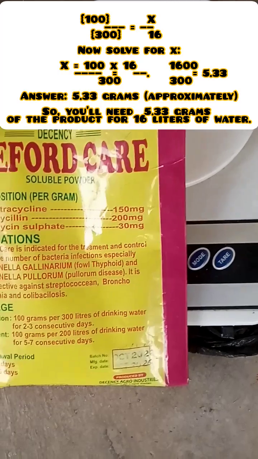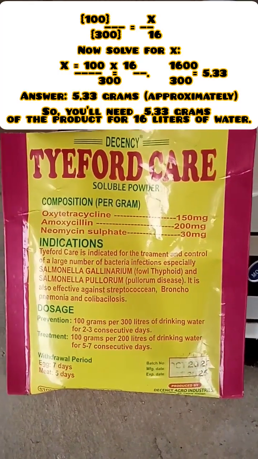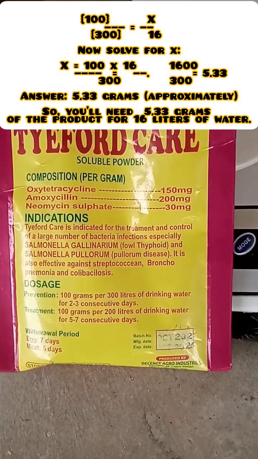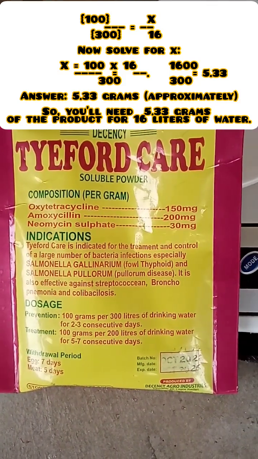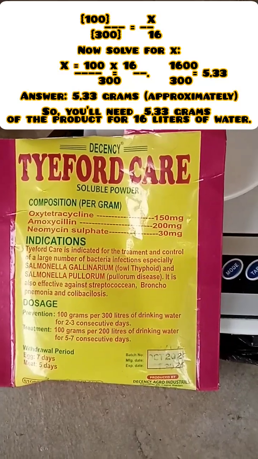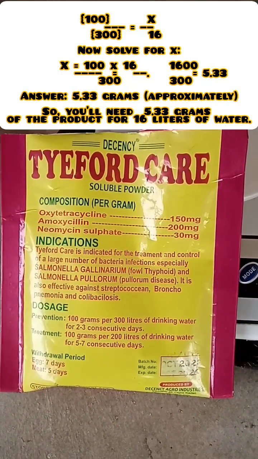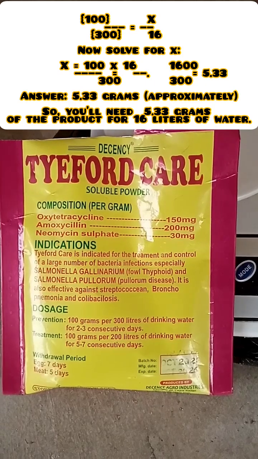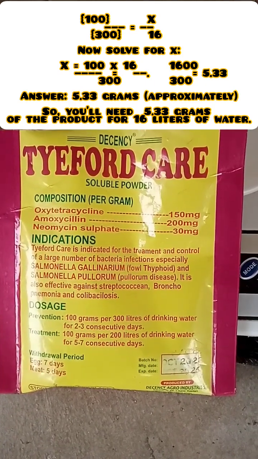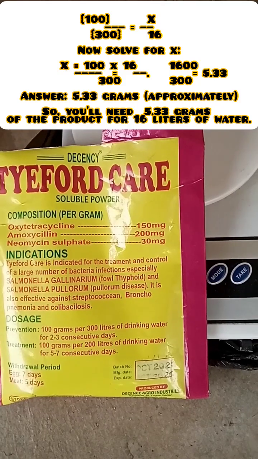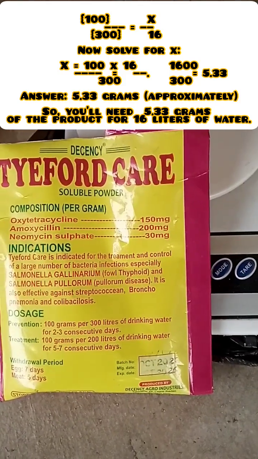Okay, so now we will say 100 grams times 16, that is 1600, over 300 liters. So 1600 grams divided by 300 will give us 5.33 grams.